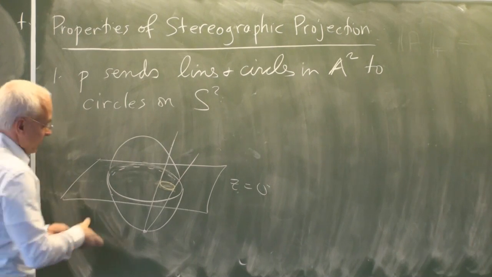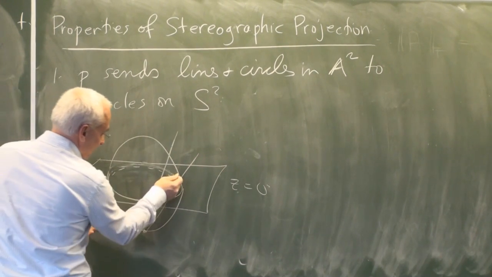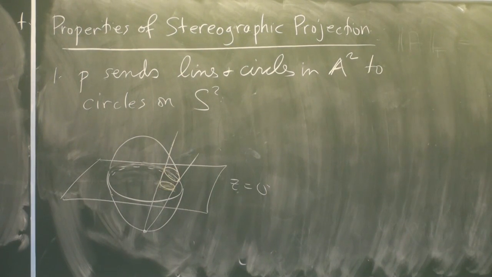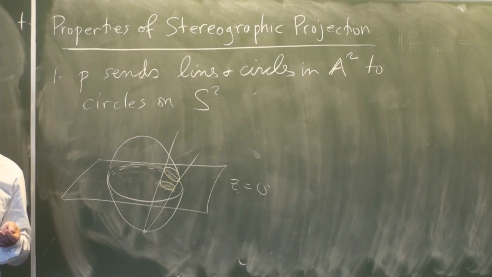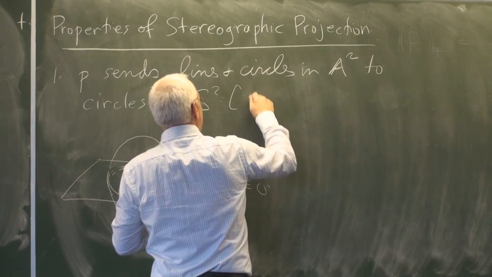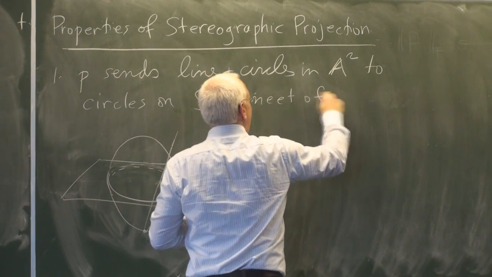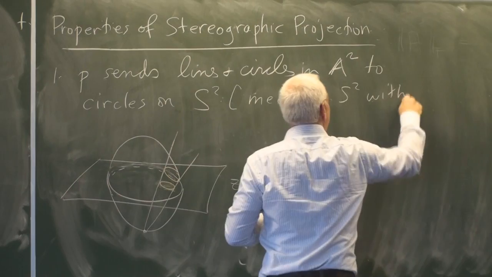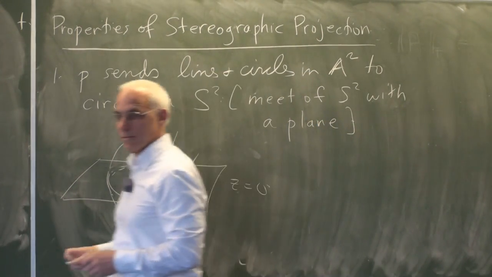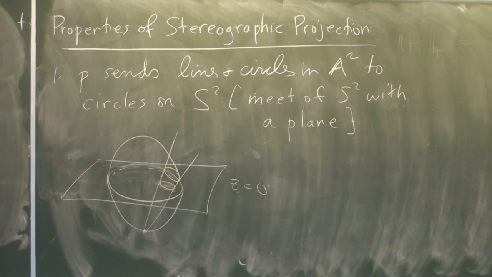And that cone, it's a kind of an oblique cone, will intersect the sphere in actually a circle on the sphere. What do I mean by a circle on the sphere? I mean the intersection of the sphere with a plane. So a circle on S2 is just the meet of S2 with a plane.